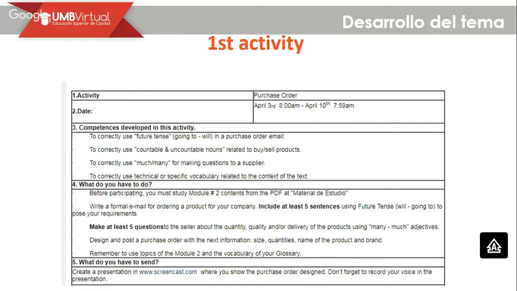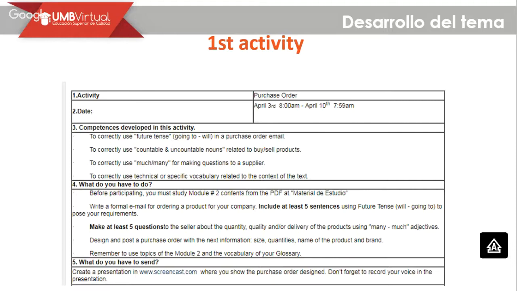Okay, this one is the topic. To correctly use countable and uncountable nouns related to buy and sell products. And also to correctly use much and many for making questions to a supplier. And finally, to use technical or specific vocabulary related to the context of the task. Those are the competences we're going to be focused on.